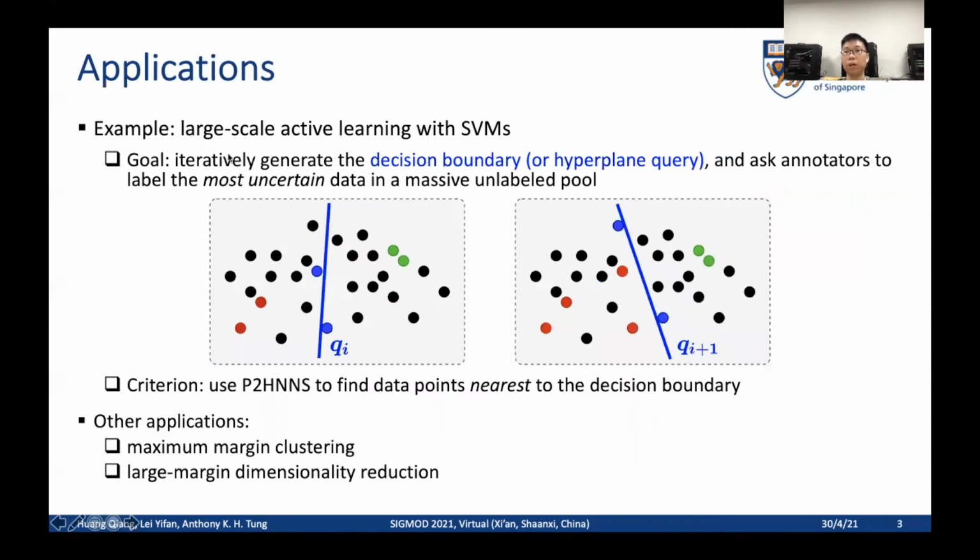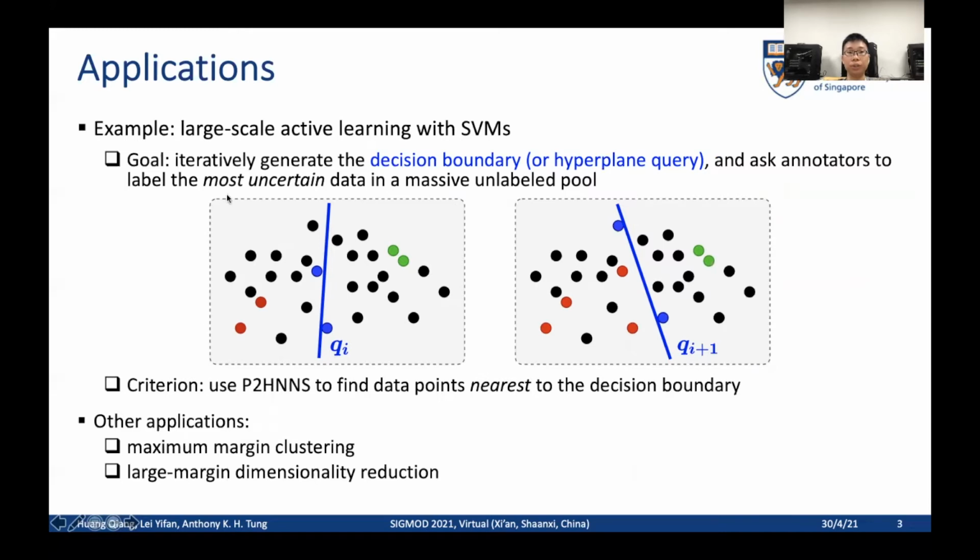This problem has wide application in many machine learning and data mining tasks. For example, in large scale active learning with SVM, its goal is to iteratively generate the decision boundary, or the hyperplane query we call here, and then ask the annotator to label the most uncertain data in a massive unlabeled pool.